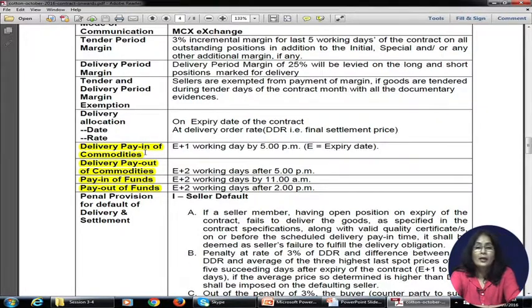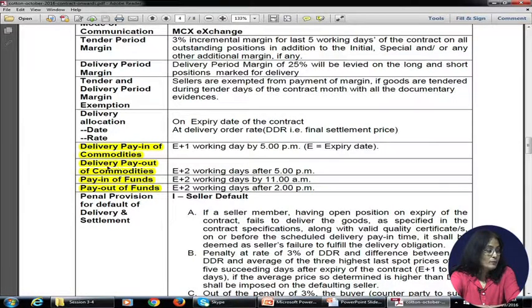Delivery pay in means the short futures position holder will provide the warehouse receipt to the exchange or to the clearing house by E plus 1 working day, that is expiry plus 1 working day, and by 5 p.m. The short futures holders will provide the warehouse receipt, which has been quality certified and assayed as per the quality specification mentioned in the earlier part of the contract specification.